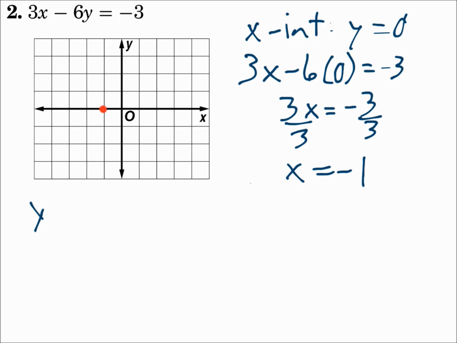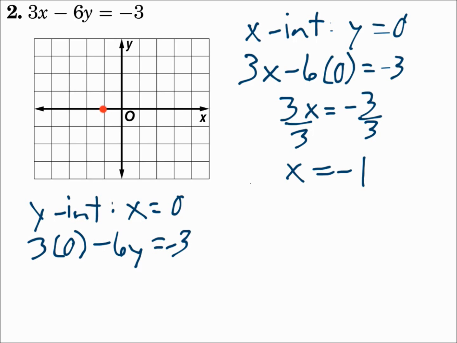For the y-intercept, make x equal 0. 3 times 0 minus 6y equals negative 3. 3 times 0 is 0, leaving just negative 6y. Divide both sides by negative 6.